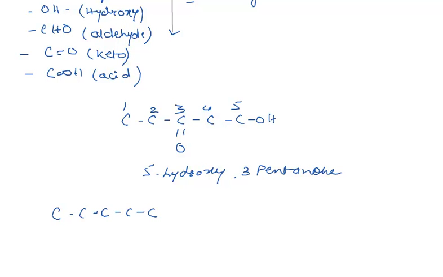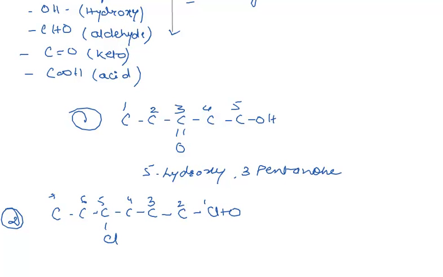I'll take another example here, that is CCC. This is example 1 and this is example 2. I'll put the CHO group and I'll put chlorine here. So which has more priority? CHO has more priority. So let's number 1, 2, 3, 4, 5, 6, 7.